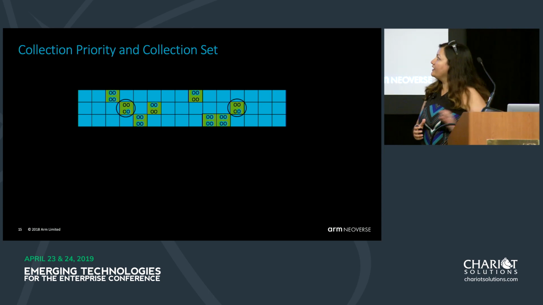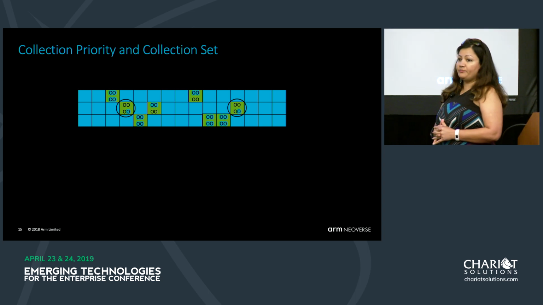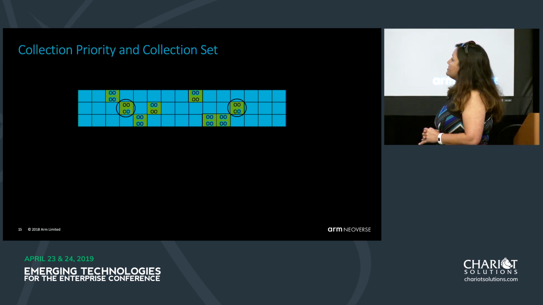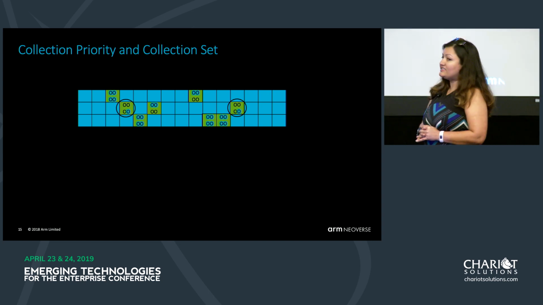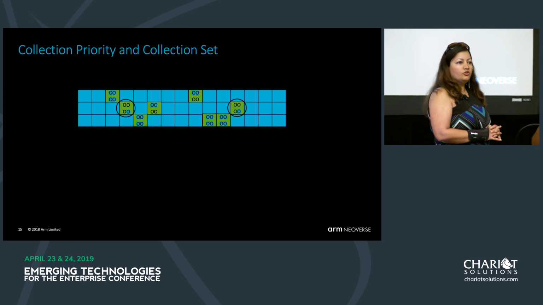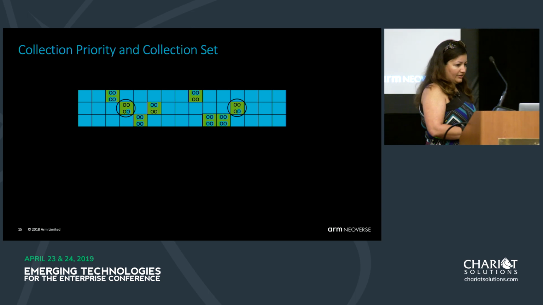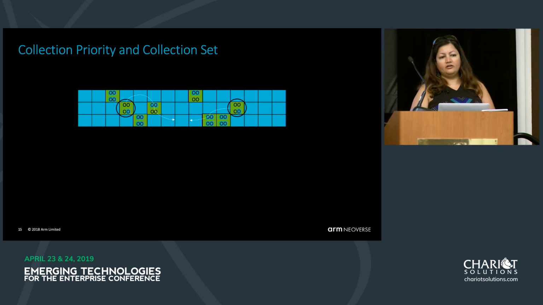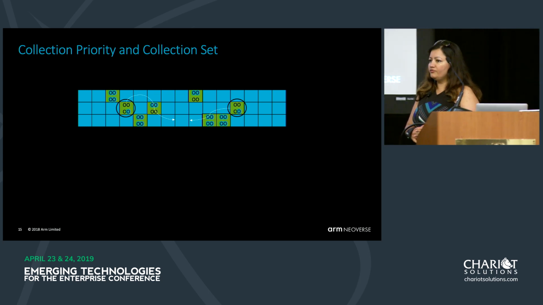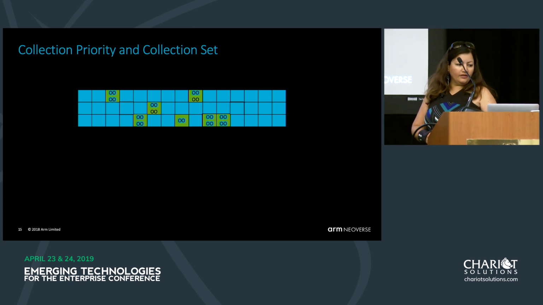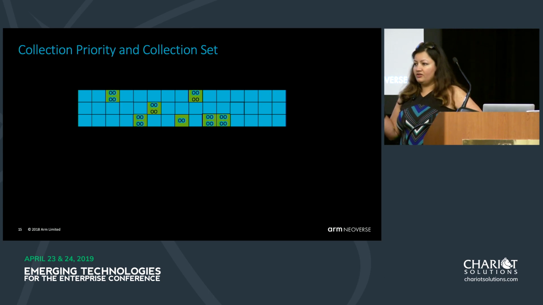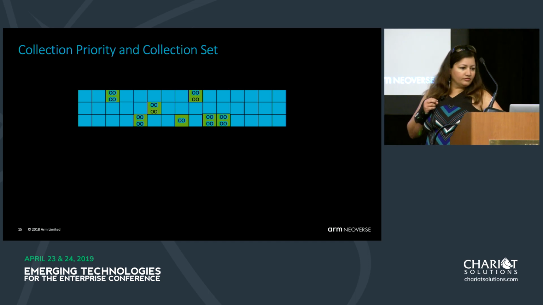Next, based on the liveness and the expense of the region, we identify that these two regions have the least amount of live objects. So those are candidate regions for collection. We'll identify a free region to move them to, and then we'll move the live objects here, and the two regions that were in the collection set are reclaimed.